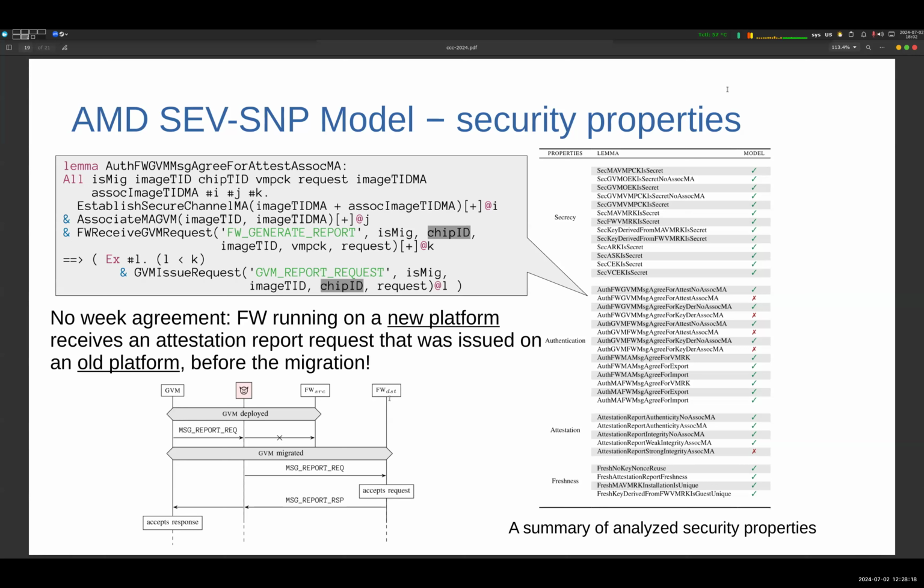What the attack basically emphasizes is that if you launch your guest VM in such a way that migration is allowed, then all you are guaranteed is that if you verify an attestation report, this thing was at some point executing on some AMD platform. Does that answer your question?